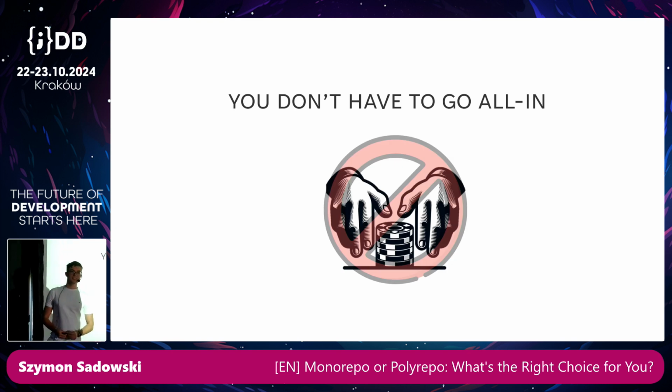And the next tip that I can give is that you don't have to go all in. It might be tempting to bring all of your projects inside one Monorepo all at once. But the common consensus from what I've researched from people who were doing this is that it's better to start small. And I also find it to be the case.